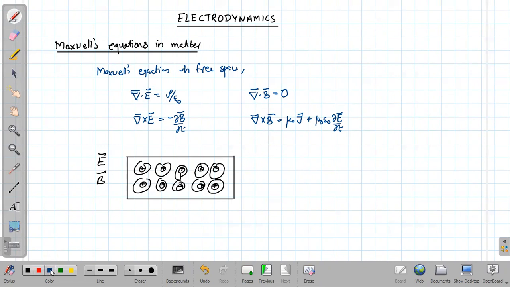We know that the bound charge is written as rho b equal to minus del dot P, and similarly there will be bound currents. Bound current Jb equal del cross M.